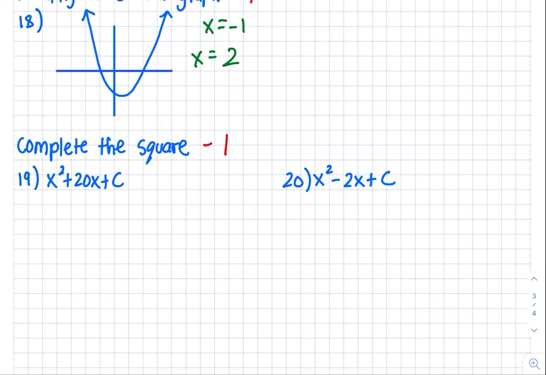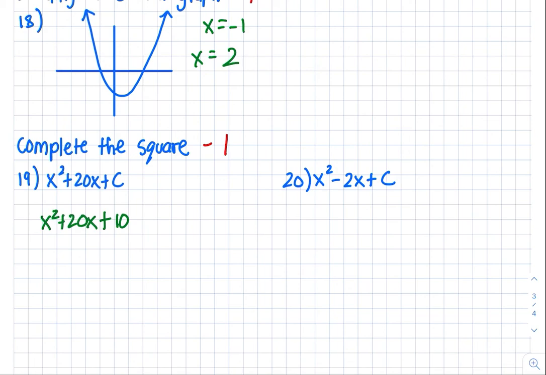Then lastly, it's completing the square. To complete the square, you just take the middle term, you half it, and then you square it. So x squared plus 20x, half of 20 is 10, right? But then you have to half it and then raise it to the second power.